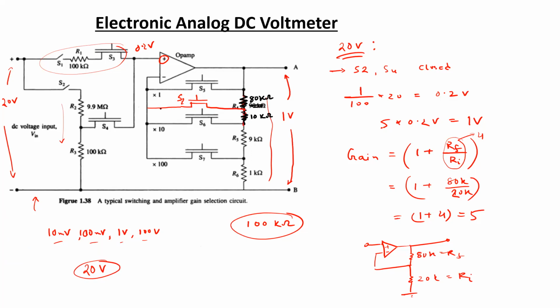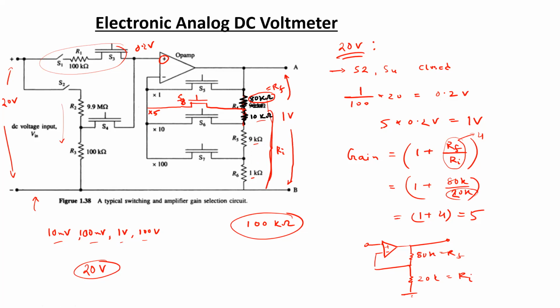So this branch is now supposed to give me a gain of 5. When I close switch S8, from this branch I am supposed to get a gain of 5, because over here this 80k represents Rf and the summation of the rest of the 3 resistances, 10k, 9k, and 1k, is going to give me 20 kilo ohms, which is going to be the Ri in this case.